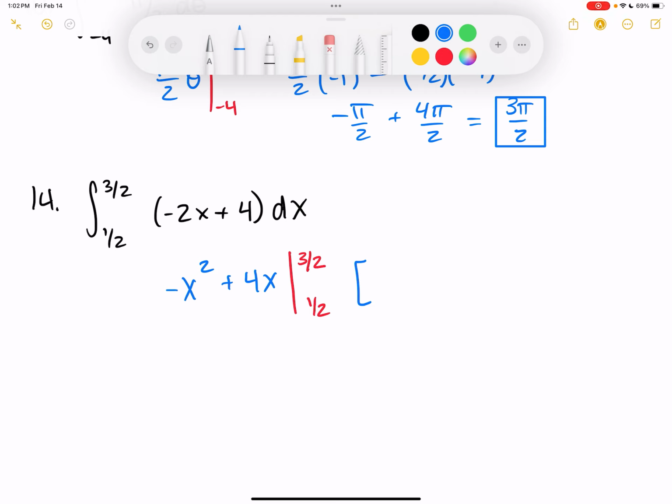So this is going to be negative 3/2 squared plus 4 times 3/2, minus the bracket negative 1/2 squared plus 4 times 1/2.